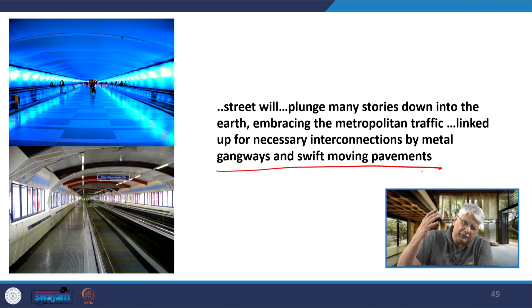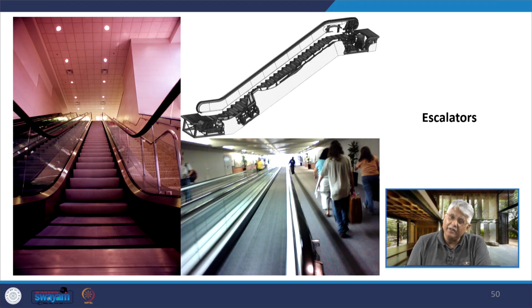How could he think of it at the time? We have swift moving pavements in our airports called travelators. We've got escalators, we've got pathways underground. All this that he conceptualized in the manifesto, what architecture would be, has actually happened.